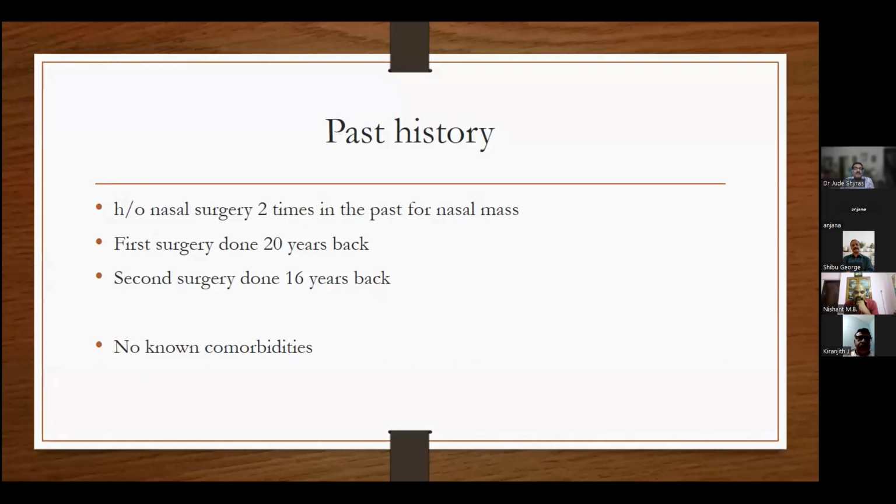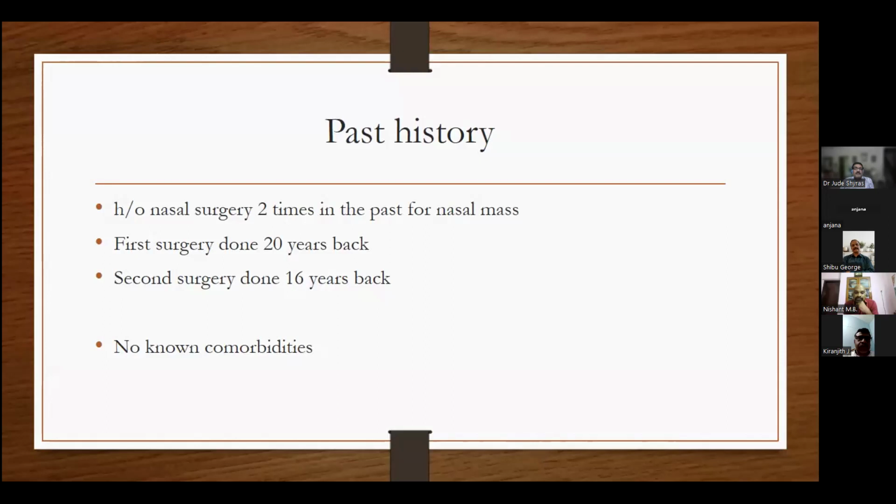After the first surgery, he was asymptomatic for 2 years, and then he had the same complaint thereafter. And after the second surgery, after 2 years he again started developing the same complaints.